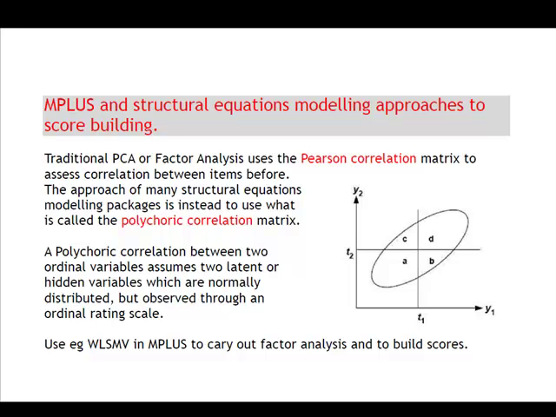One way of doing it is to use factor analysis ideas, but to replace the correlation from the standard Pearson correlation for continuous data with something called polychoric correlation. If you have 2 variables with a single cut point in each, so we're looking at 2-point scales rather than 5-point scales, it's easy to draw. We'd have data that would look like A, B, C, and D if we started to look at correlation.